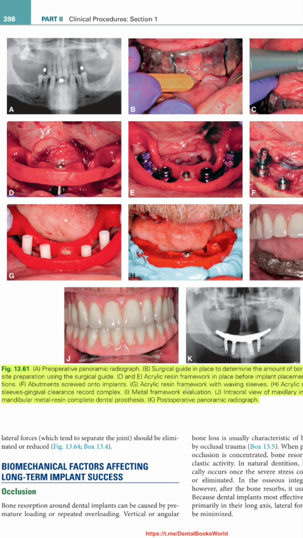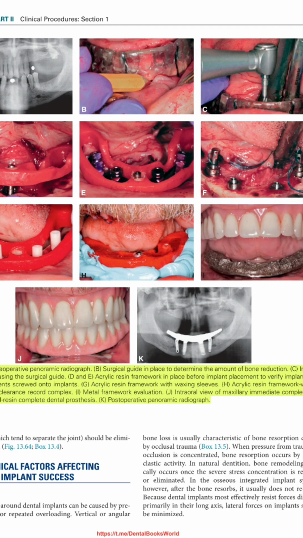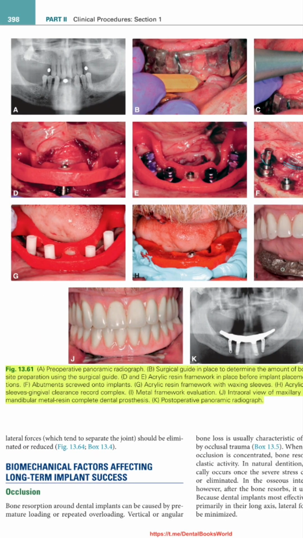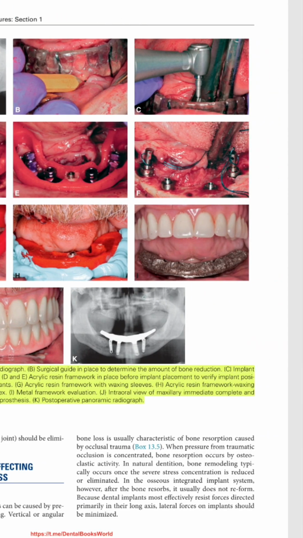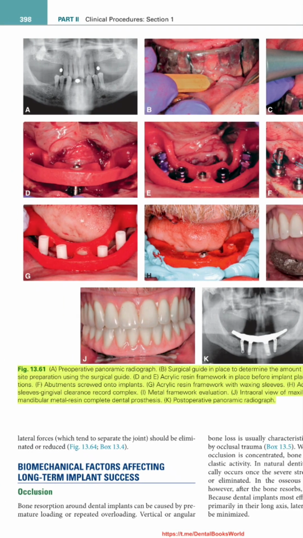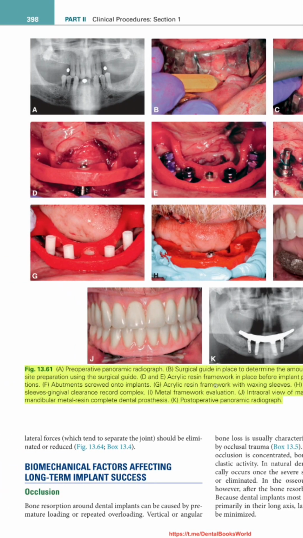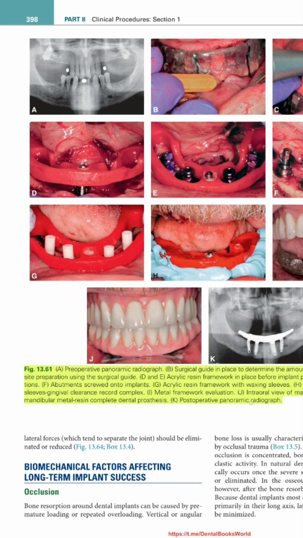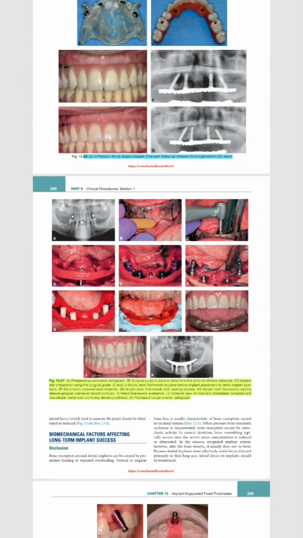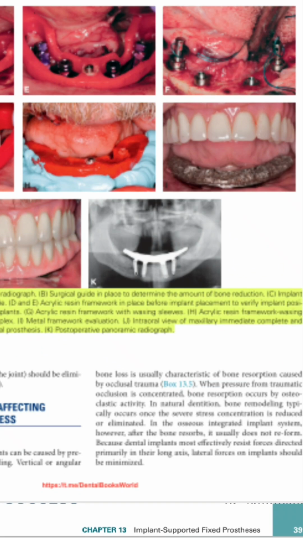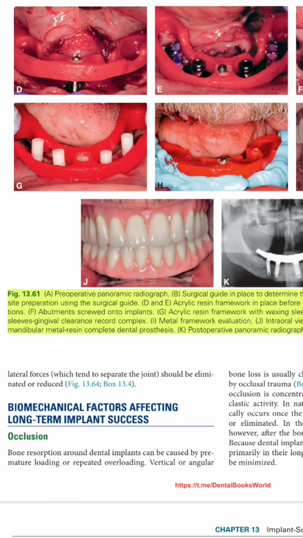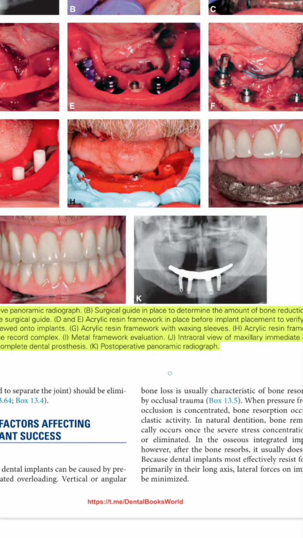The abutment, we are in F. The abutments are screwed into the implants, then an acrylic, this is the G, acrylic resin framework with the waxing sleeves to fix them during the impression, fix their position.